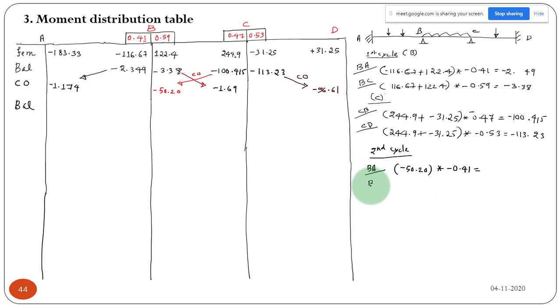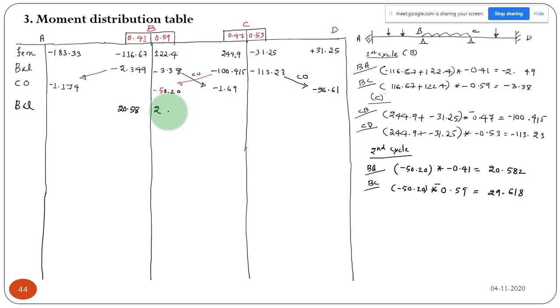For BC, 50.2 multiplied with 0.59 with a negative sign. If you do this, you will get the values 20.582, and this value will be 29.618. So you will get this value as 20.58.